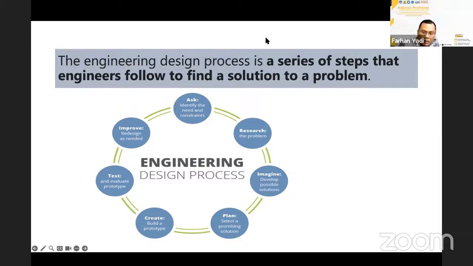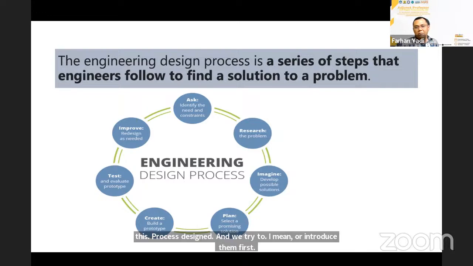Hai, Laura. Hello. I'm asking about our STEP engineering design process. As educators, it is new for me and maybe for our friends in Indonesia, and also new for our students. We try to recognize first or introduce them first for the making sample.